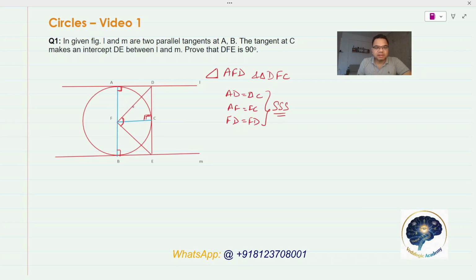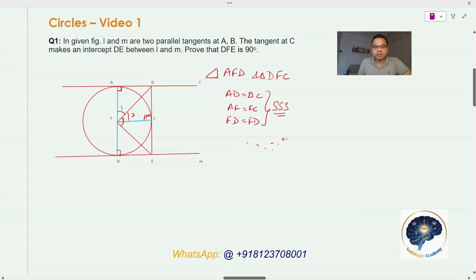Now, if you see these angles are 90 degree and angle 1 and angle 2 are also equal because these are corresponding angles of the triangle, right? Sorry, angle 1 equals to angle 2. I'm really sorry.